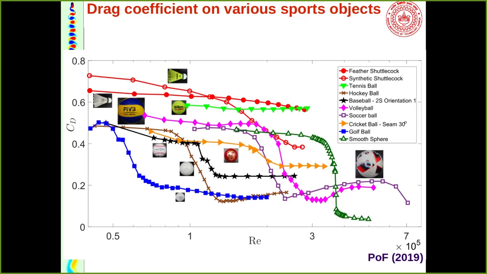So there are many interesting things in this. The golf ball, for example, is here, and these two you would be very interested in: the feather shuttlecock and the nylon shuttlecock. They have a much higher drag coefficient. So if I am a player, then to impart speed to the projectile, the drag is proportional to v squared and power would be drag times v.